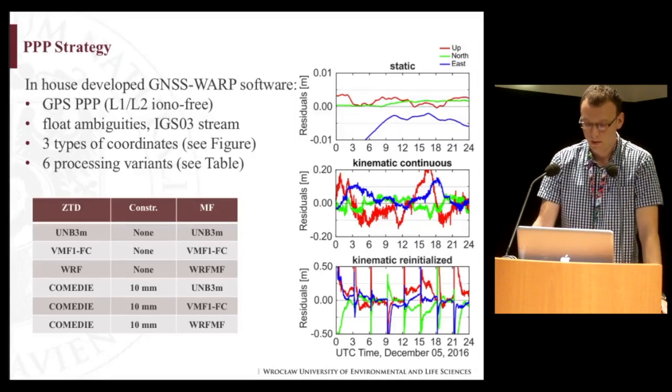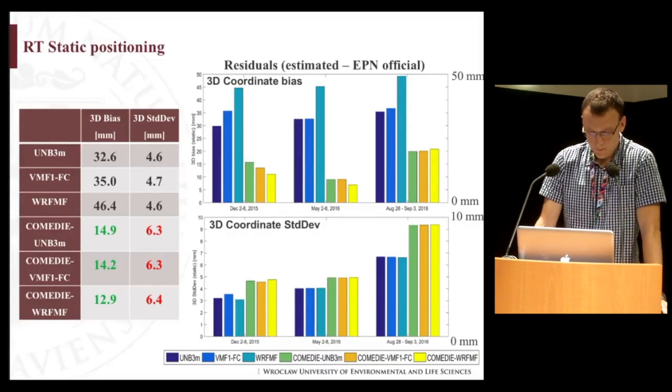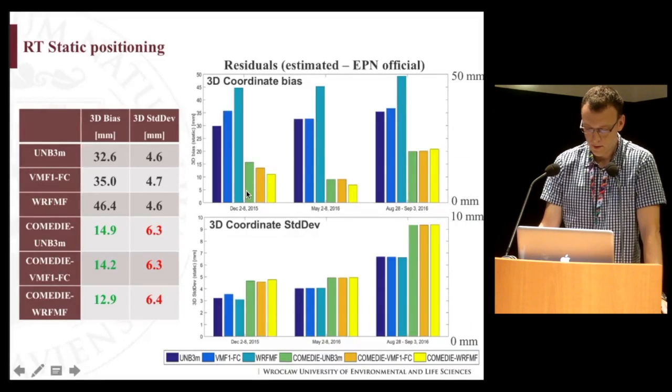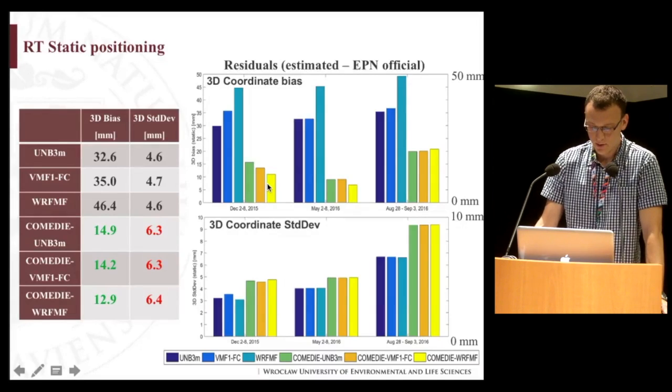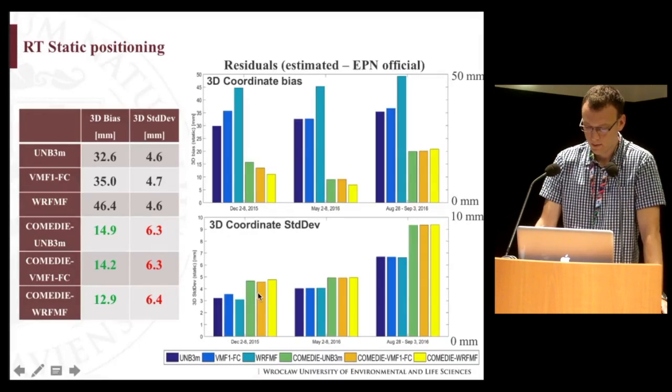So in static positioning, the comedy-based variants resulted in the smallest 3D biases. So these are the 3 last bars. And the best value we get is 12.9 millimeters when mapping functions were applied consistently. So this is the solution in yellow. But unfortunately, the standard deviations here are higher by 1.5 millimeter compared to the other, let's say, classical solutions.